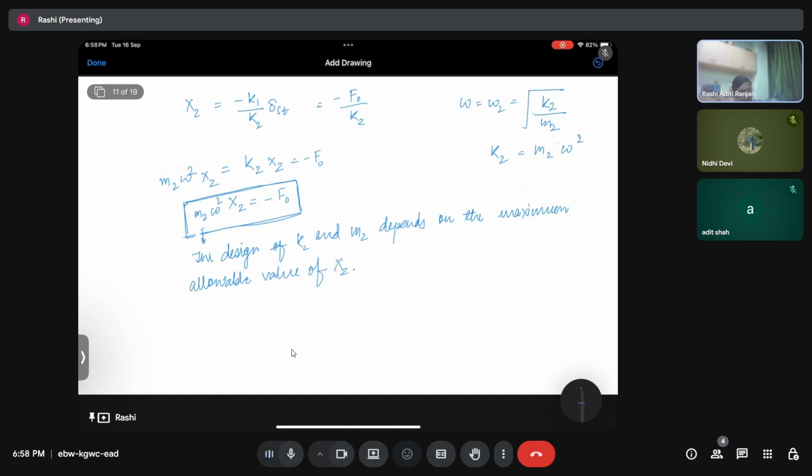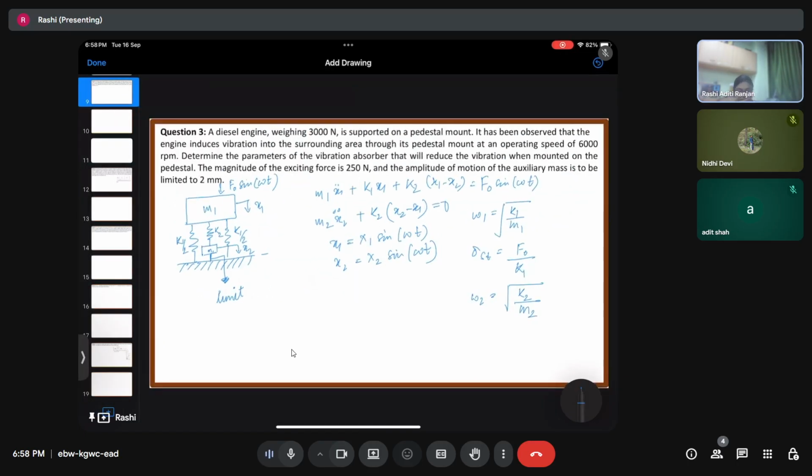We cannot just assume that any m2 or k2 which satisfies the condition omega is equal to omega 2 is going to work for us. We need to consider the limitations present in my system because of the design of my system. Now, coming to the question.